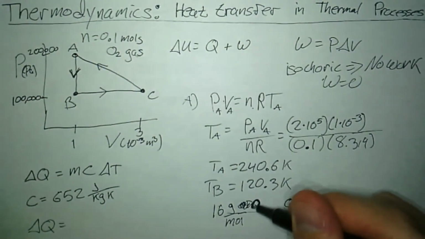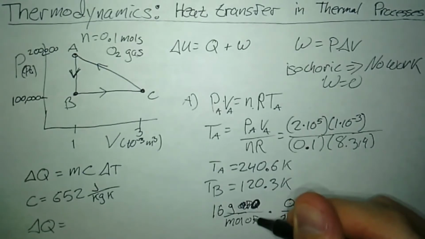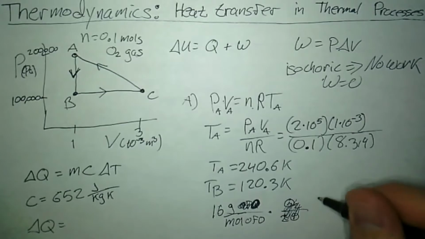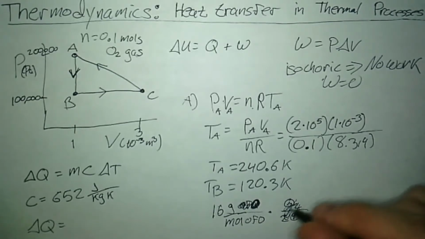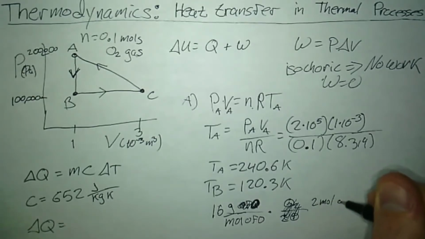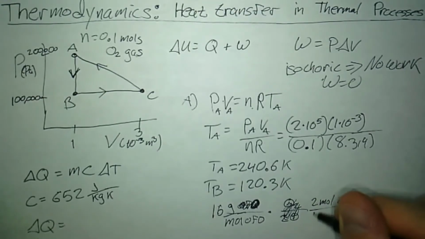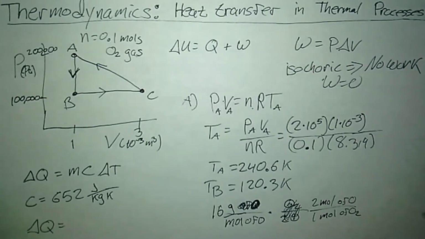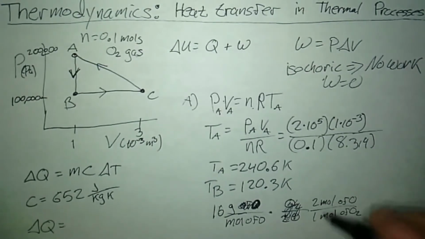So I don't want to put the grams of oxygen, I put moles of oxygen. So then here I want to say I've got 2 moles of oxygen per 1 mole of O2. Once you get your units right, it's important for these.